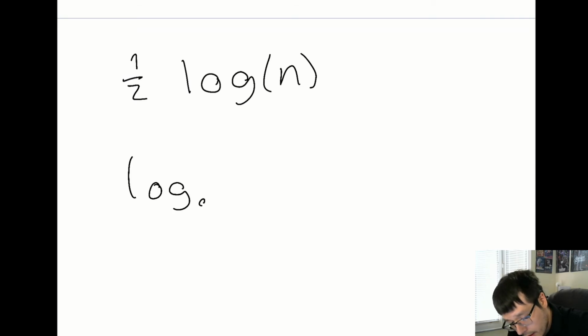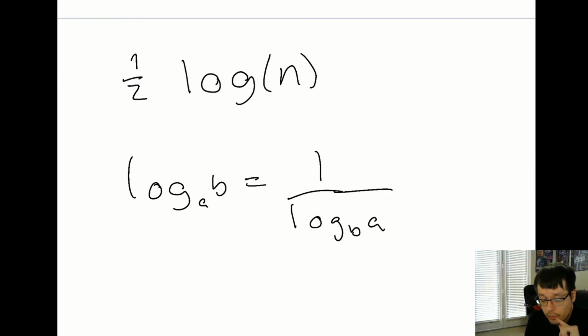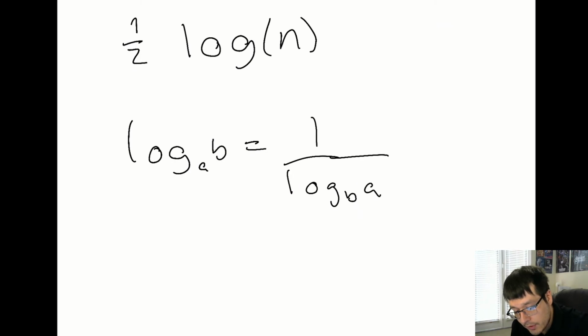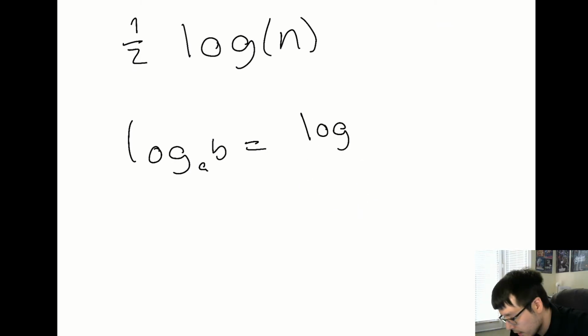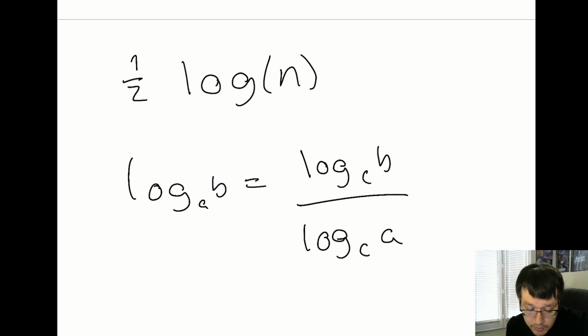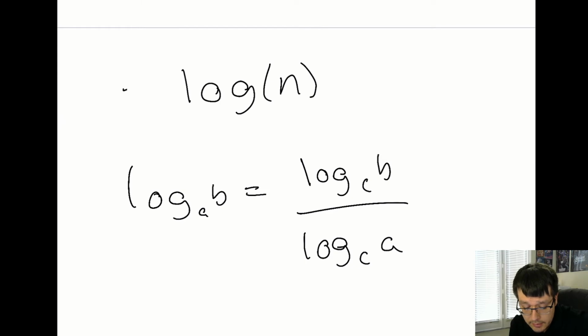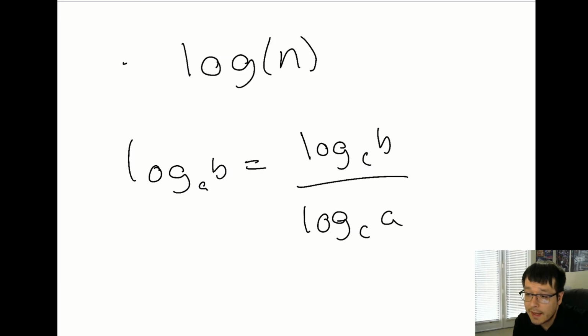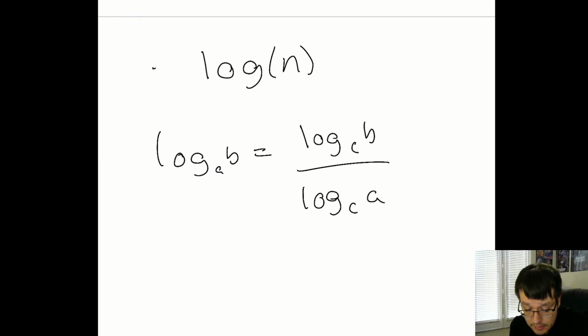We have log base a of b is equal to 1 over log base b of a, right? We can apply this once we get it into the right format. Or let's use the one that we explained for that one, log base c of b over log base c of a, okay? So what we're going to do is take our log n and apply it like this, but with something that can cancel the log part out, because that's what we're trying to do here.